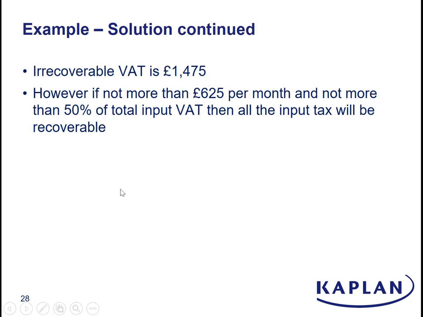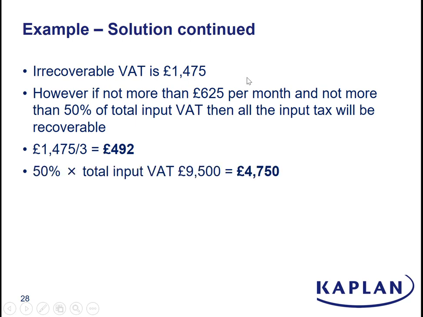What's small? Well, just to remind you, less than £625 a month on average, and no more than half of the total input VAT. Well, we're doing this VAT return for a quarter. £1,475 in a quarter means £492 per month on average, therefore tick, less than £625 a month. Is it under 50% of the total input VAT?